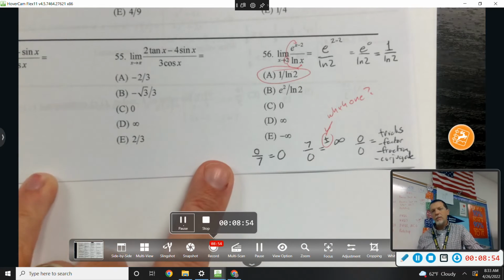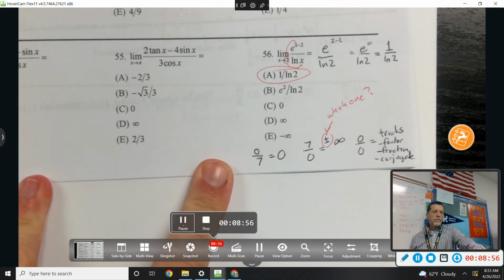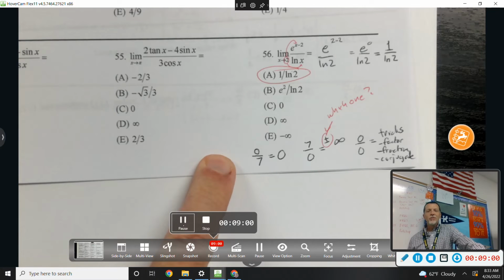There's one other big time trick in calculus, but we don't know it yet. It makes all these other tricks not even worth your time. But the calculus trick involves calculus, so we can't use it yet.